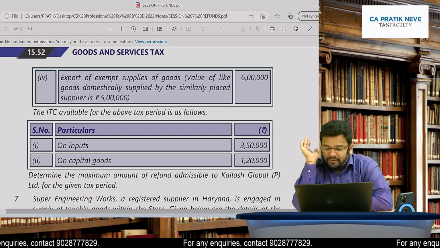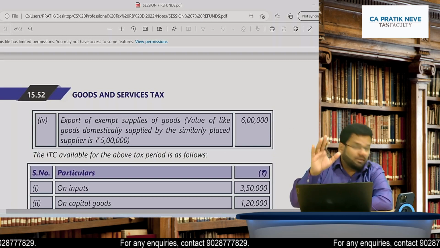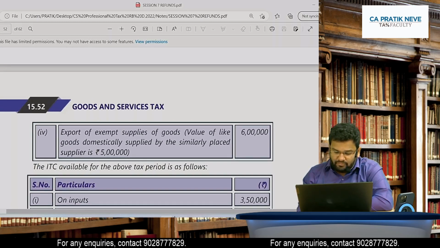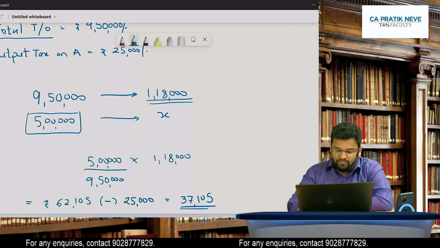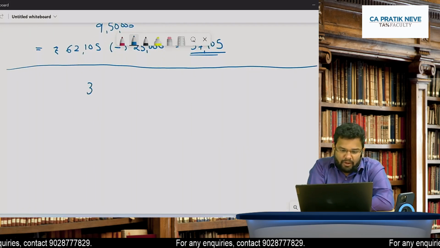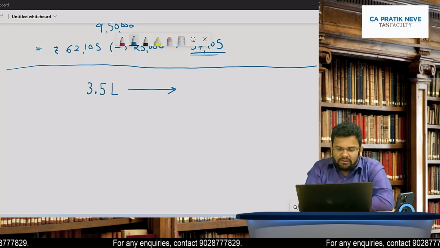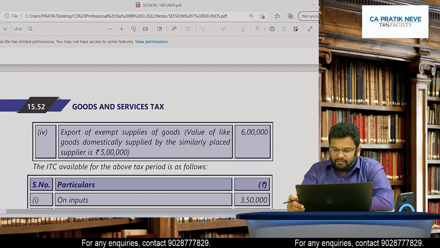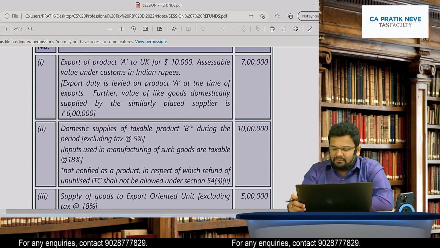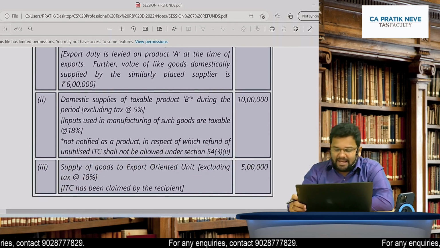So 3,50,000. So 3,50,000 is for total turnover of how much? You understood that 3.5 lakhs of ITC is there. It is for total turnover of how much? 6 lakh plus 5 lakh, 11 lakh, plus 10, 21, plus 7, 28 lakhs.